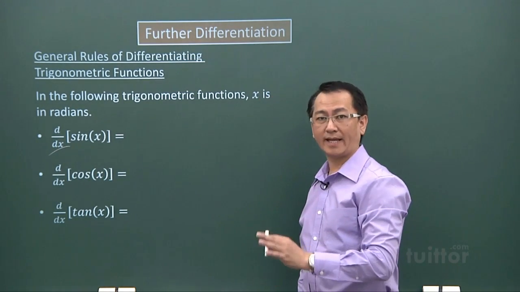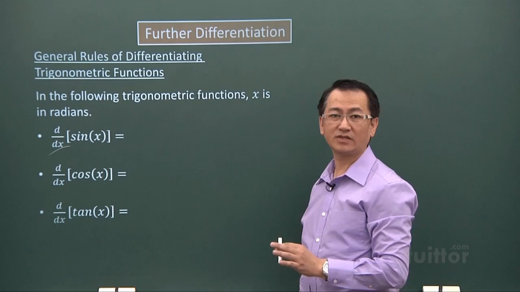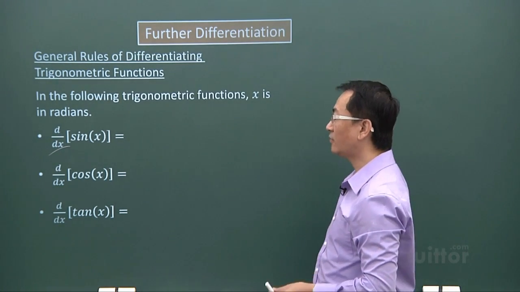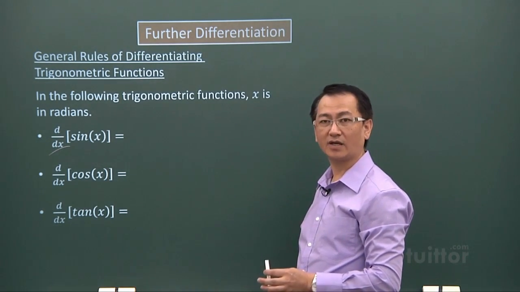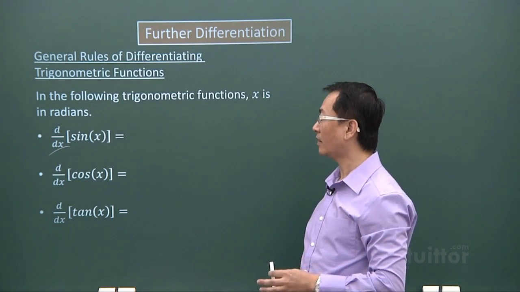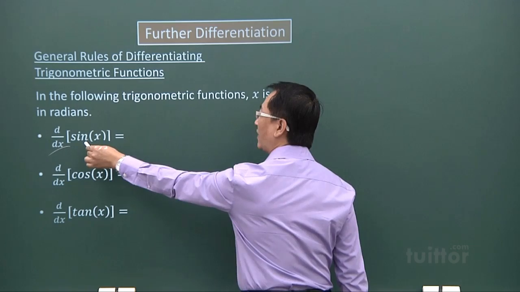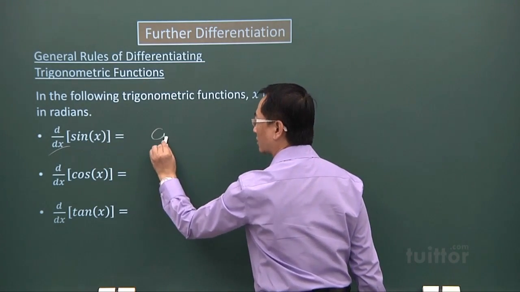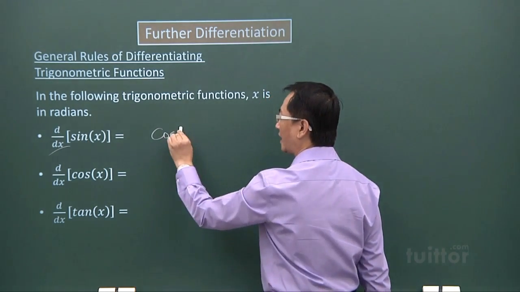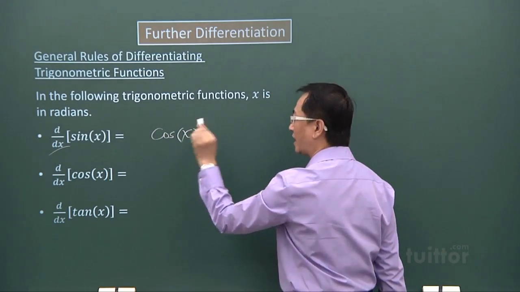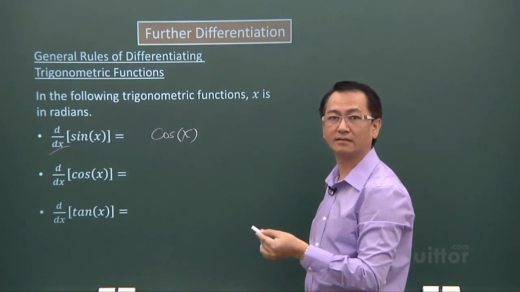So it's going to be mechanical. There are a few things you need to remember. First, when you differentiate sine, what it gives you. The result is, if you differentiate sine, you get cos. And this thing in the bracket is the angle.